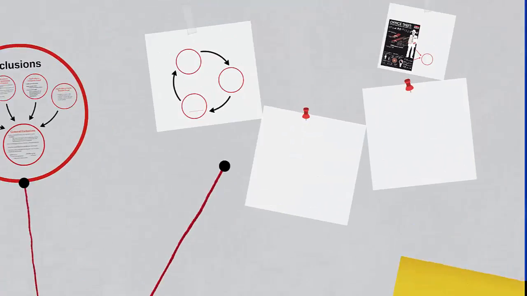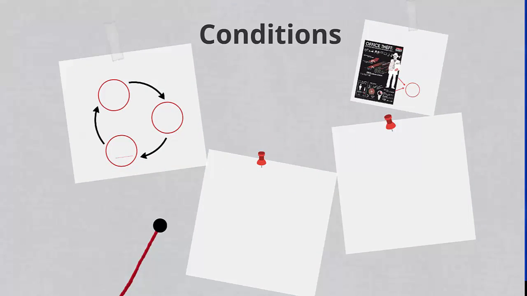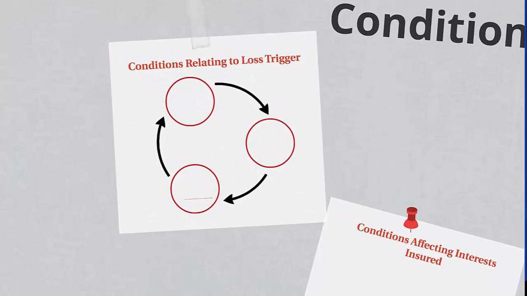Now let's take a look at the conditions of the policy, and the conditions section of the policy addresses the loss trigger. So we'll first look at conditions relating to the loss trigger. Then we'll discuss conditions affecting interests insured, then conditions affecting employee theft, and conditions affecting claims handling.